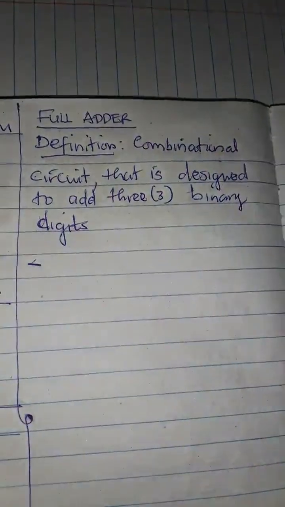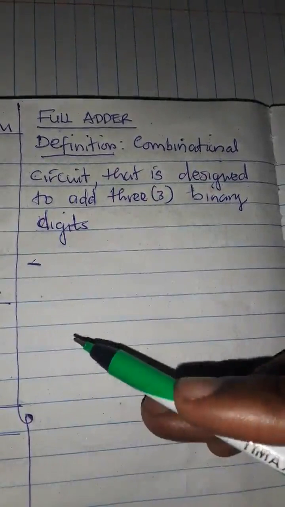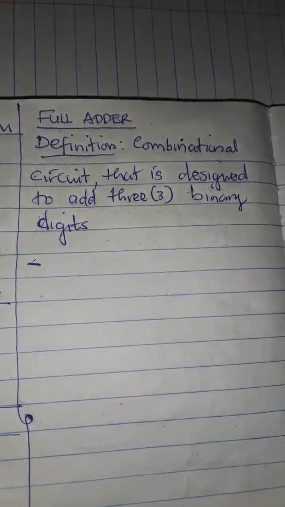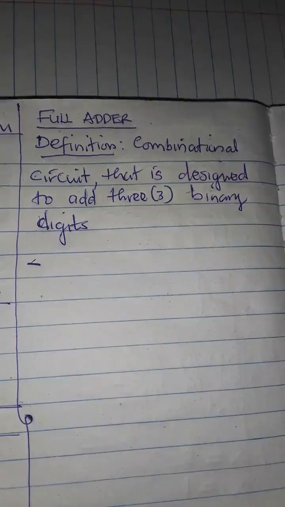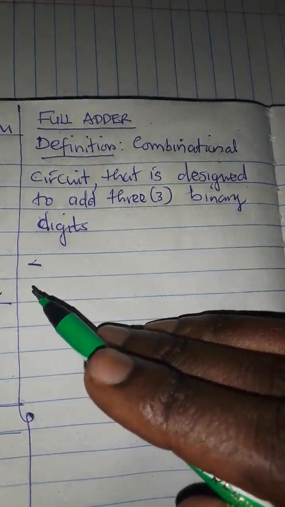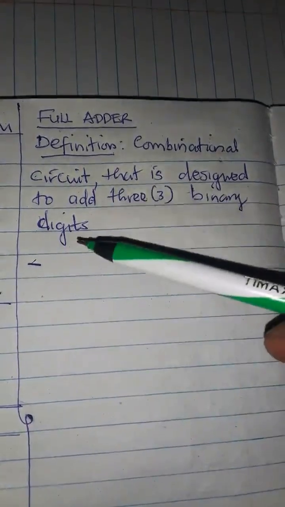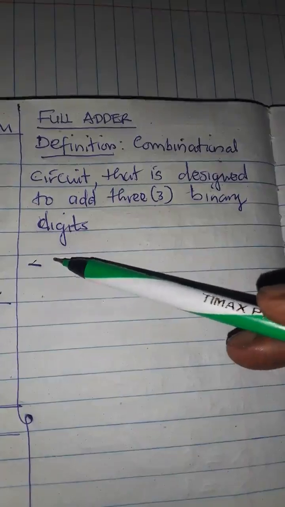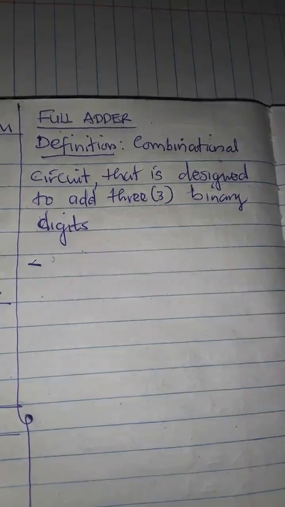So why do we have a full adder? We have a half adder and a full adder, right? The half adder had a drawback. When a half adder is doing a calculation, it only adds the bits A and B. It doesn't consider the carry.